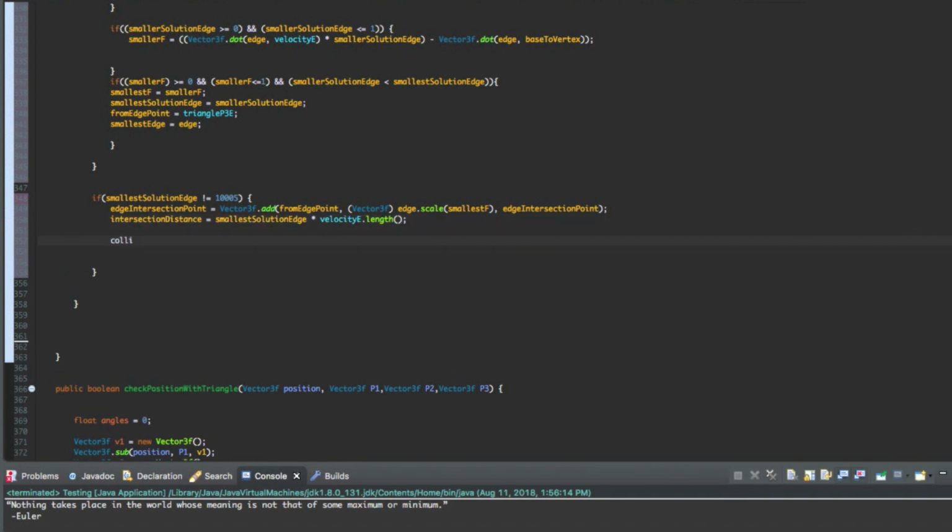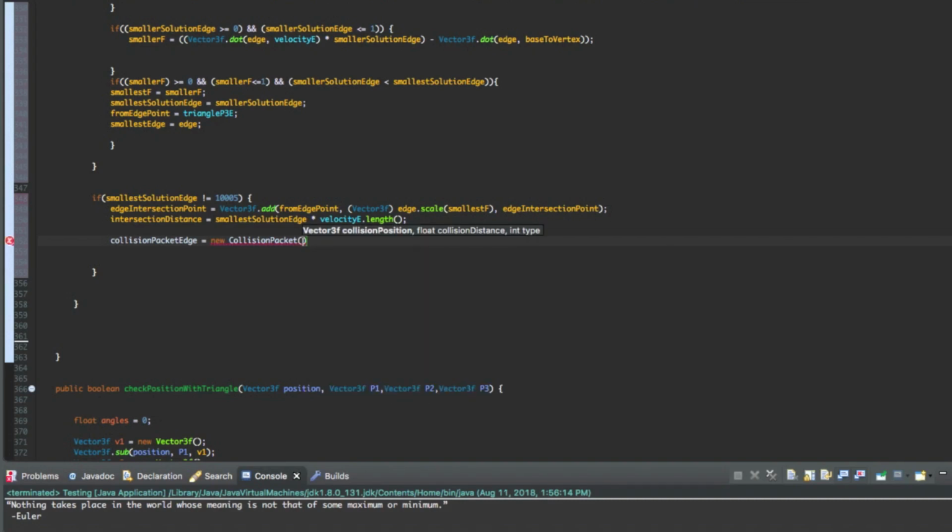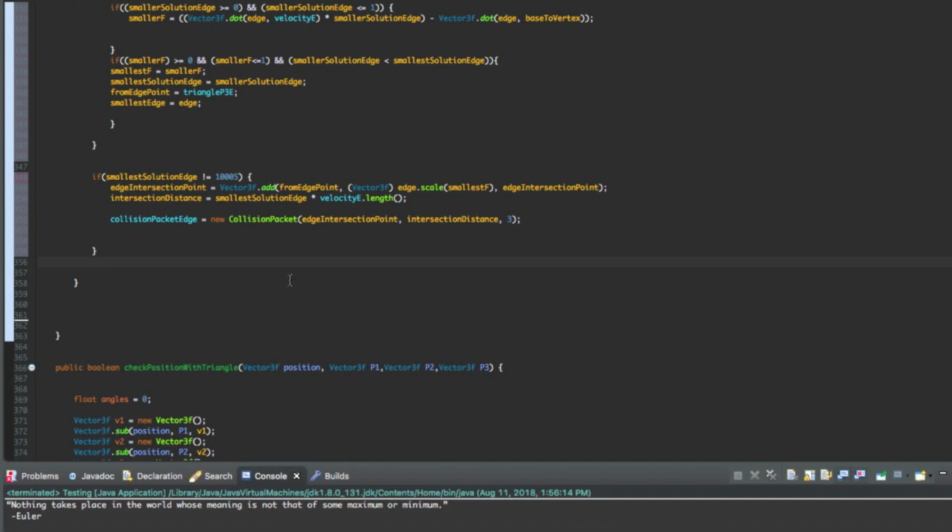And then we can construct a collision packet edge, and so that's a new collision packet, and we can feed that in for the position, the edge intersection point, and the collision distance is the intersection distance. All right, and we'll give it a type 3, and that is our collision packet edge done. So now we have a collision packet for the surface, the vertex, or the edge.